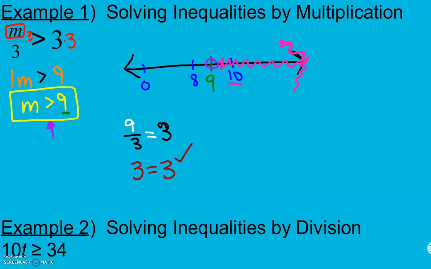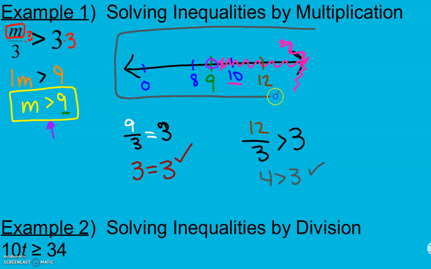Now, I want to check a number to see if my shading is right, if my inequality is right. I'm going to pick 12 because 12 is divisible by 3. So 12 divided by 3 should be greater than 3. Here, I get 4 is greater than 3. That checks. So our graph is correct, and so is our solution.